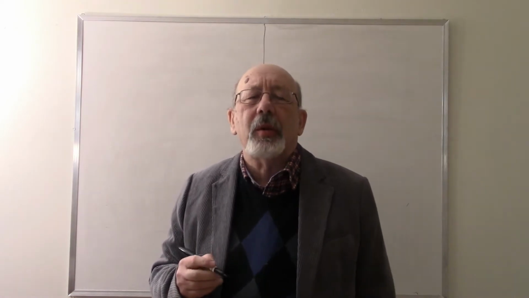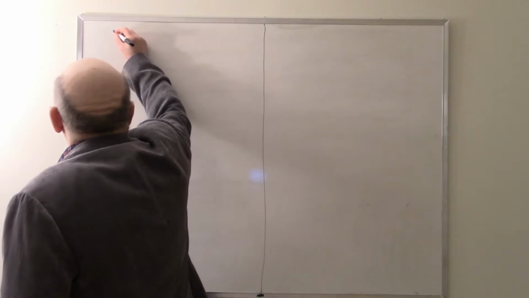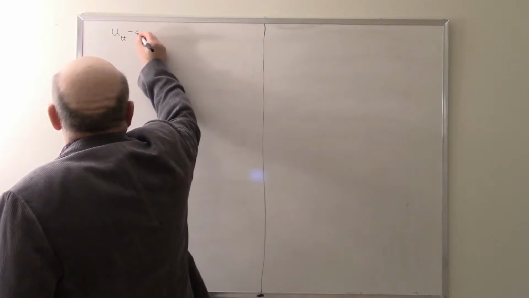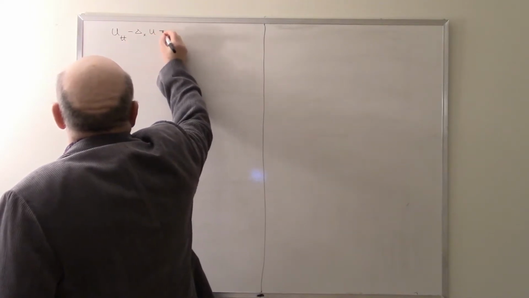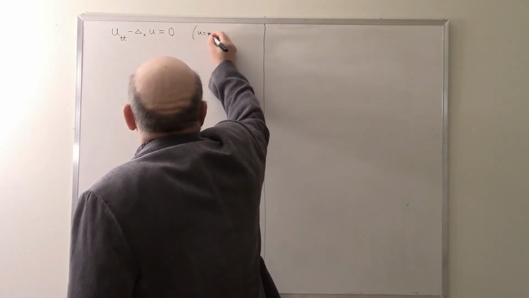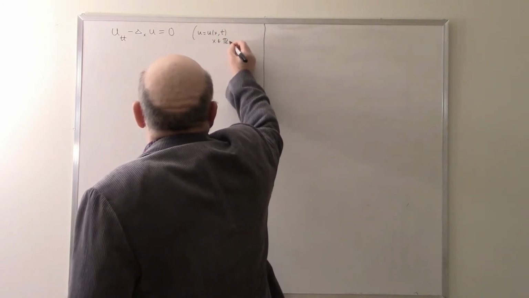So this time I would like to solve a concrete problem for the wave equation in three-dimensional space, just to see how these formulas work. So our equation is u_tt minus Laplacian with respect to x of u equals 0, where u equals u of x, t, x in R3.